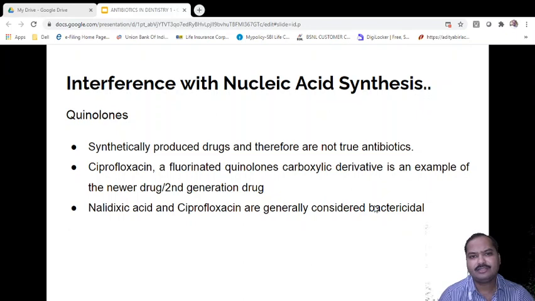They inhibit bacterial DNA replication by interfering with the gyrase enzyme, so it is not possible for the DNA to arrange itself in the structure required for pathogenicity. Nalidixic acid and ciprofloxacin are considered bactericidal.